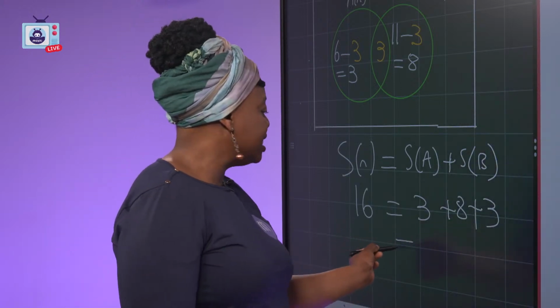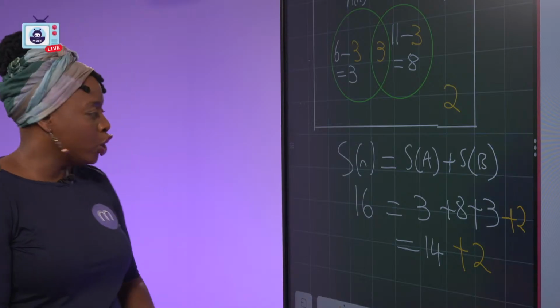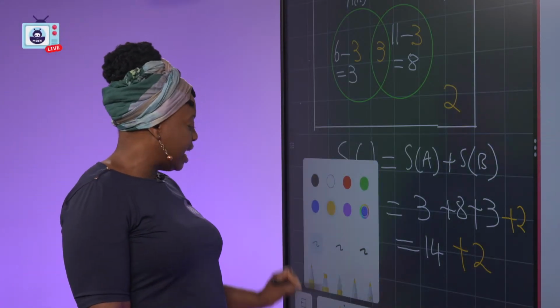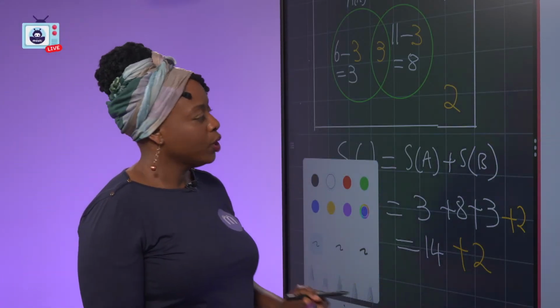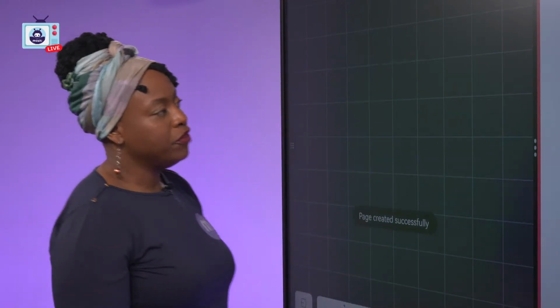So as we said, this is giving us 14. So which means there's something on the space which is missing. Then that's where we come and add the 2 for it to be 16. So that we know that outside here we do have the 2. Or you can use any mathematical way to get to that. Okay.